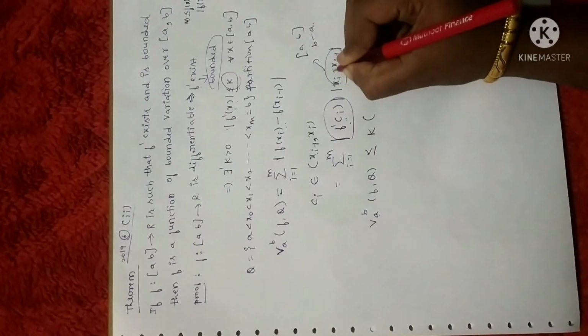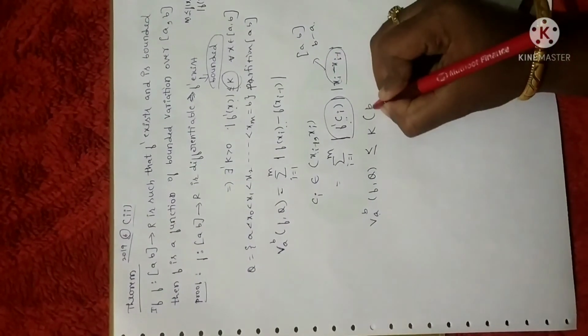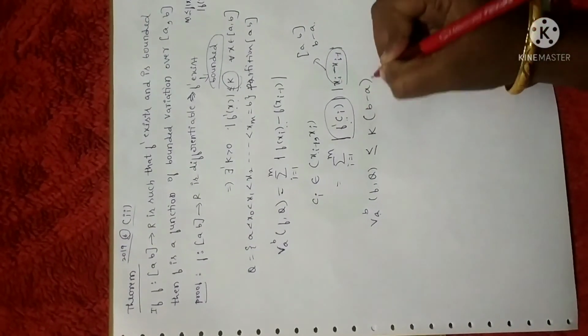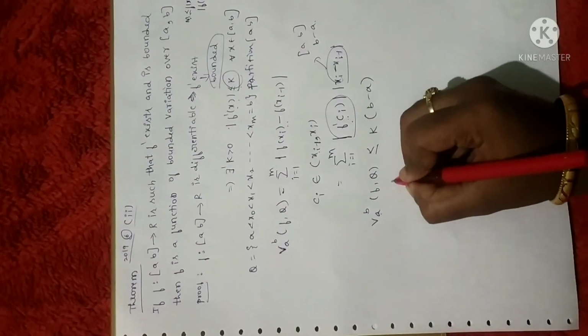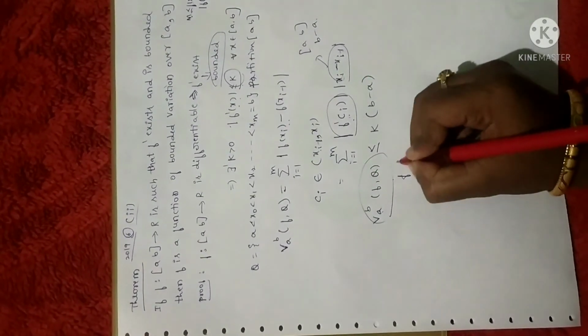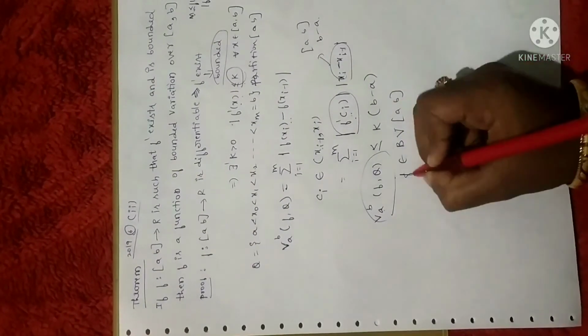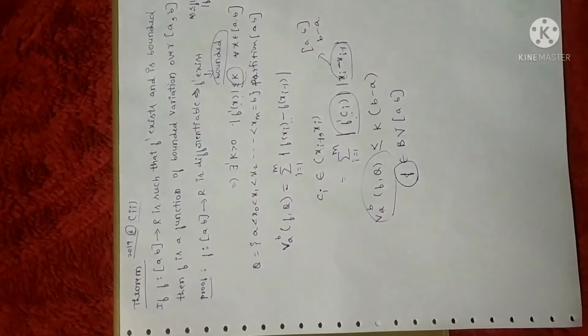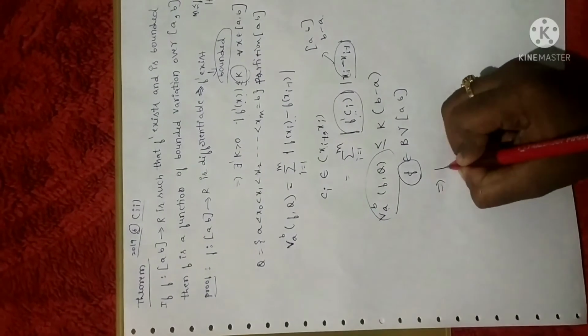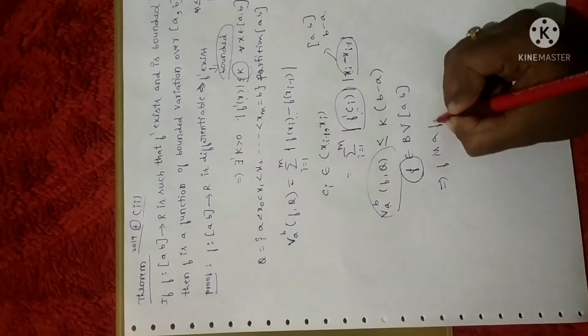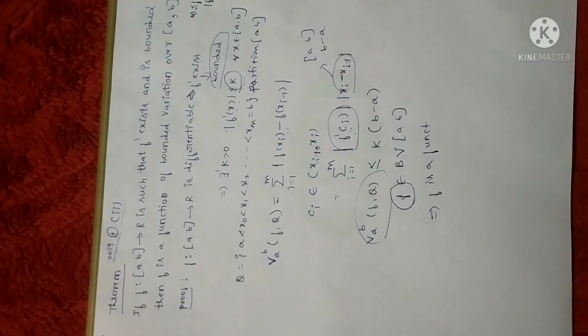So I can write this as K times (b minus a). This means f belongs to BV[a, b], that is, f is a function of bounded variation.